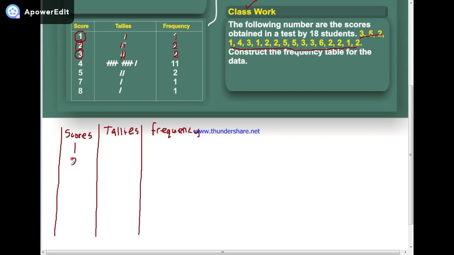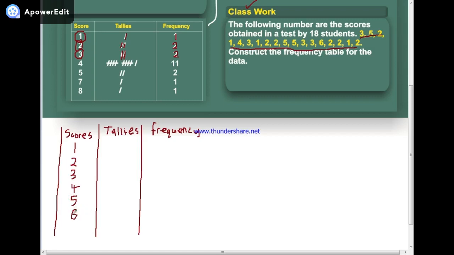You write 2. And the next number there is 3. You write 3. Do you have 4 there at all? Yes, you have 4. You write 4. Do you have 5 there? Yes, you write 5. And we have 6 also. I think 6 is the highest number there, so you stop at 6.